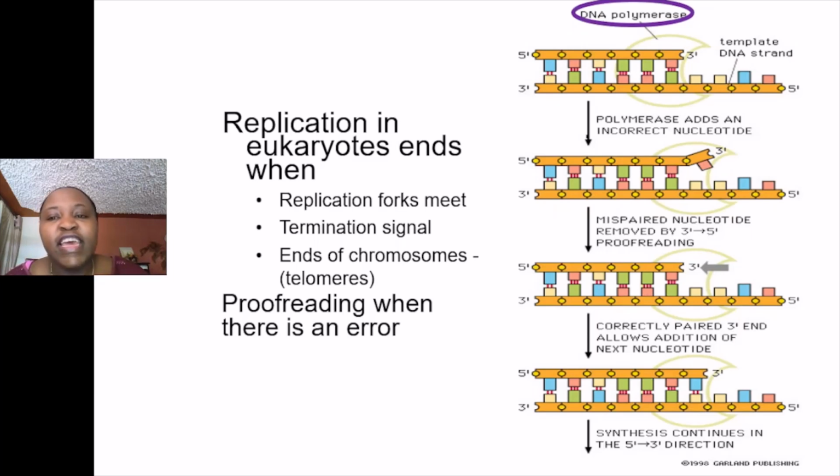So usually DNA polymerase does not add incorrect nucleotides without correcting, unless there is an error or a mutation. If a wrong one is placed, it has to go back, proofread, then correct, and then continue synthesizing in the direction of 5' to 3'.